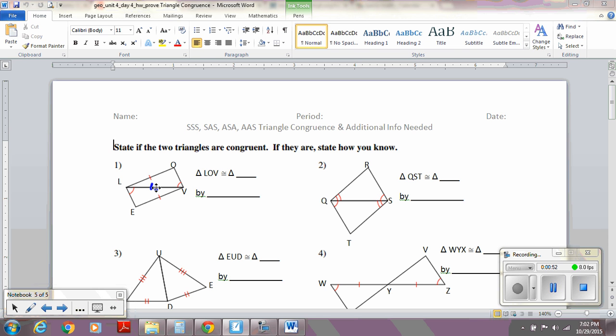So they have two sides congruent and one angle congruent. However, because the angle is not included between the two sides, we don't have proof that the triangles are congruent. So these are not congruent.